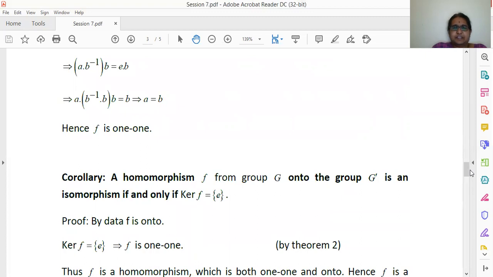To be an isomorphism, we need a homomorphism plus a bijective function. Homomorphism and onto are already there in the statement. Another thing given is that kernel f is equal to e. In the previous theorem, we have shown that kernel f is equal to e implies f is 1 to 1. So f is a homomorphism, onto and 1 to 1, hence f is an isomorphism.